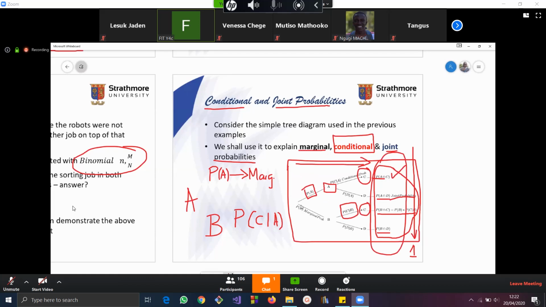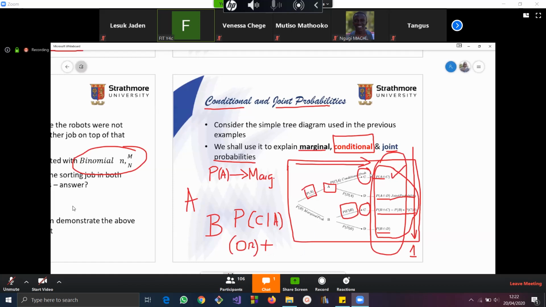Anyway, there are two ways to get C. So I have this marginal probability and then this marginal probability. I normally just combine them using an addition. Okay, it's the law of probability that says there are two ways to get C, this or this. Anytime you have an or in probability, we normally add.